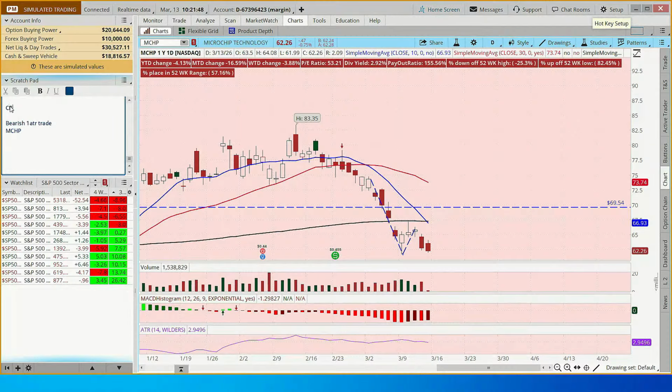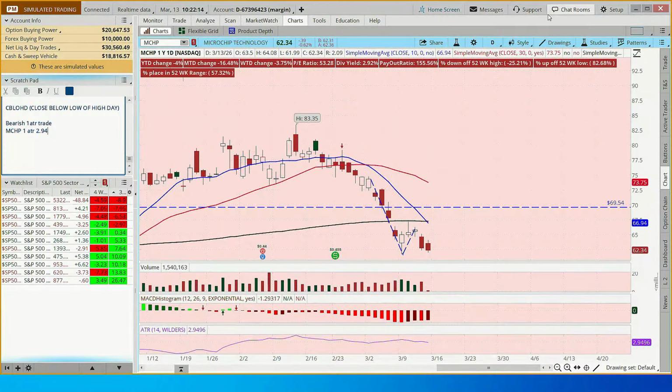So close below the low of the high day. Okay, that's our cablowed. So we have a close below the low of the high day. So we're checking the boxes here. And then this stock, it's down 4% year to date. And so if we say, okay, the 1 ATR on Microchip is 2.94.